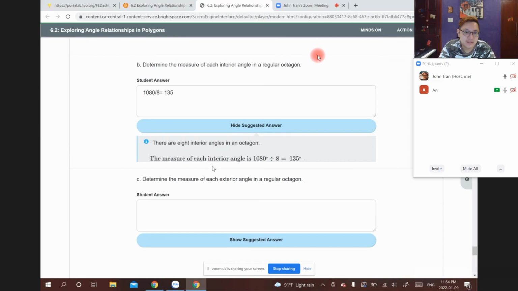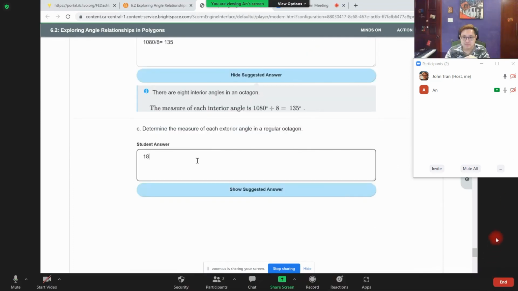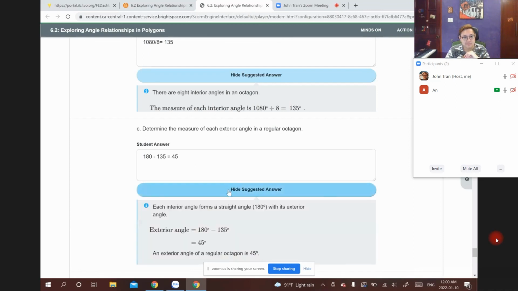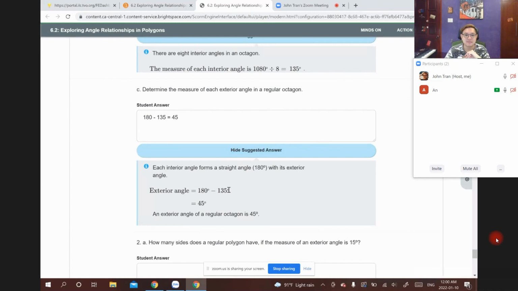Okay, now you have to determine the measure of each exterior angle. You got 45, right? 45. Good, good.